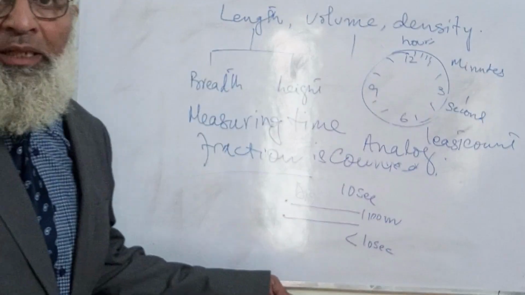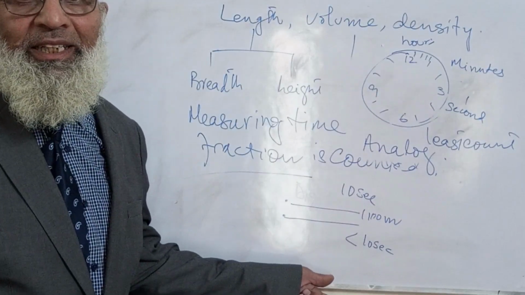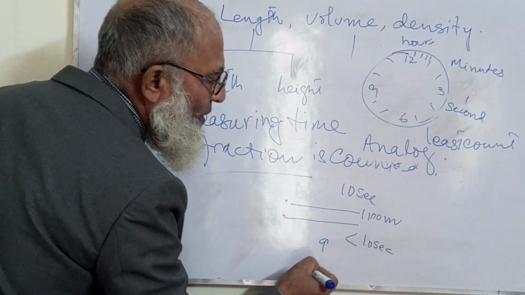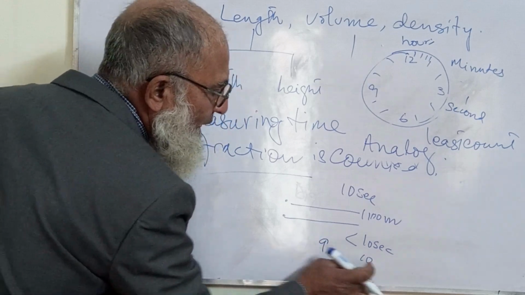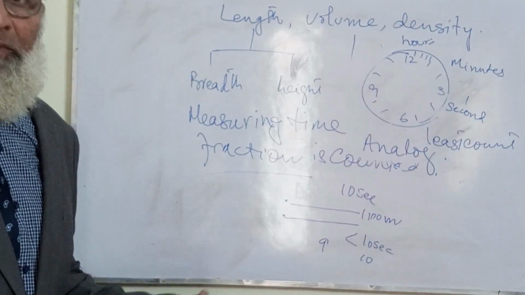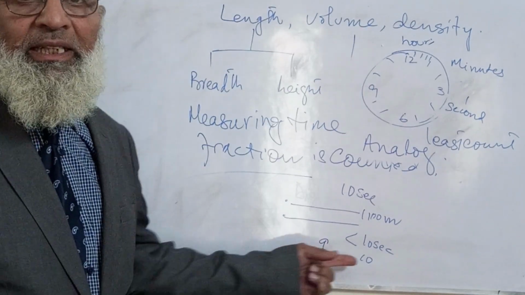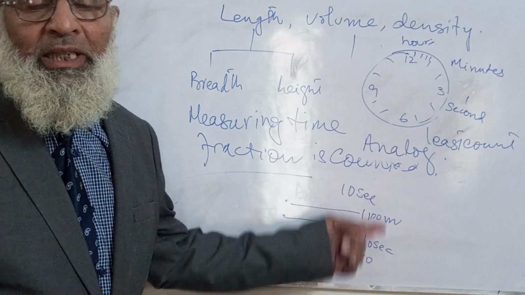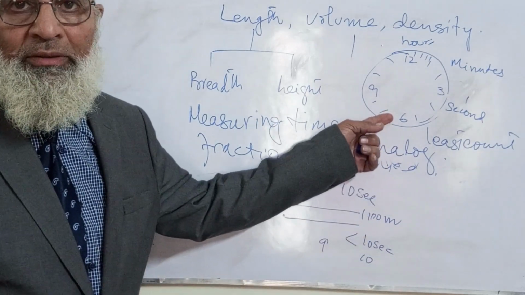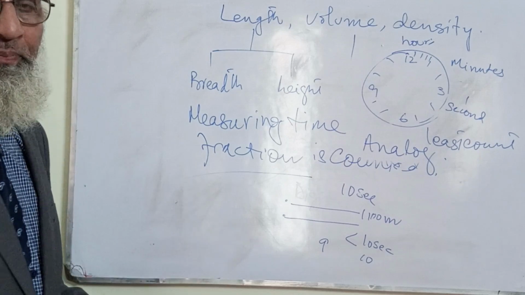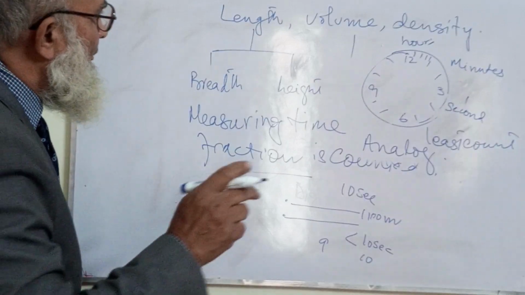How much less than 10 seconds? Either it is 9 seconds or 10 seconds. We don't have any instrument which could measure between 9 seconds and 10 seconds in this analog clock or analog stopwatch.